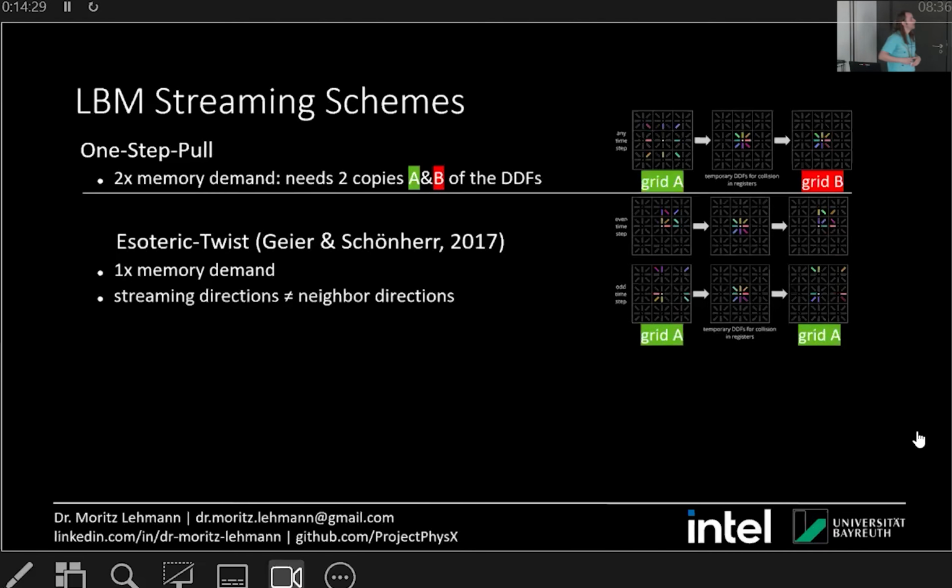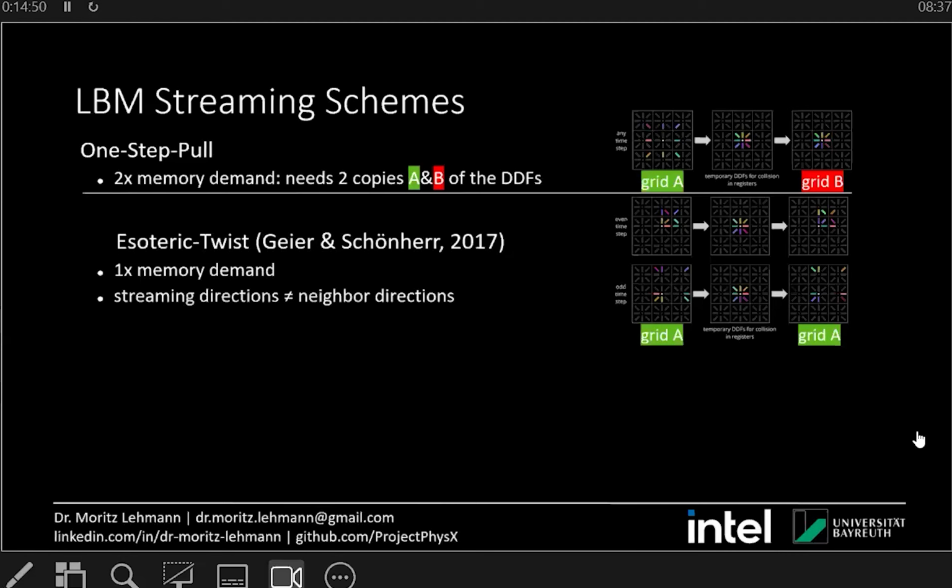In 2017, Geier and Schönherr found a very ingenious solution already. They call it the esoteric twist because it is so hard to understand that they termed it esoteric. And they shifted the density distributions by half a grid cell in memory and then did an intricate streaming pattern.